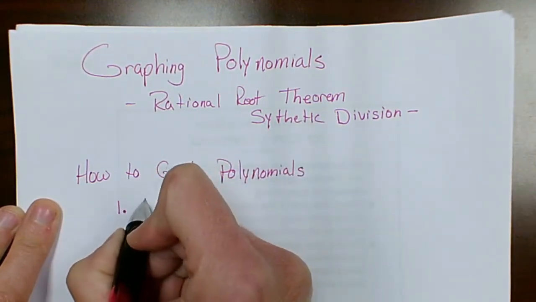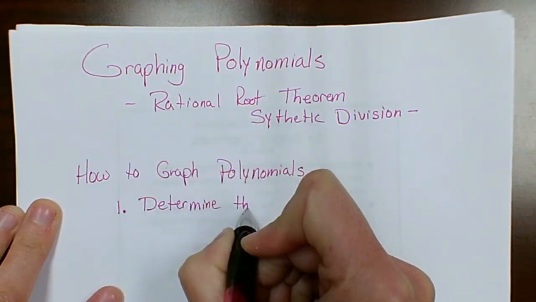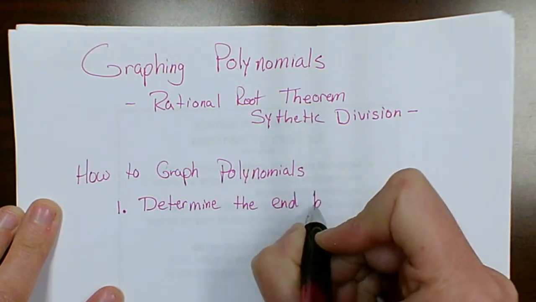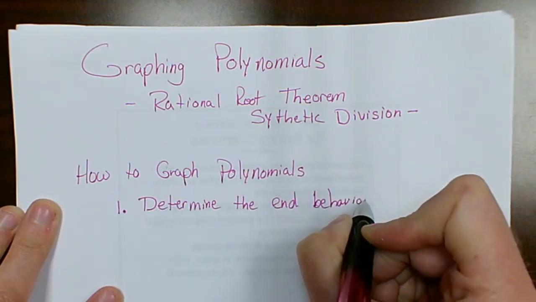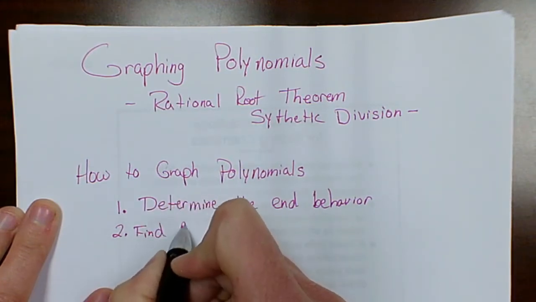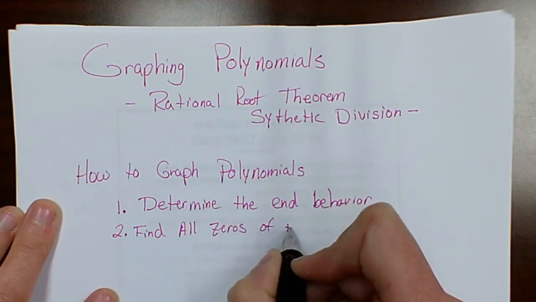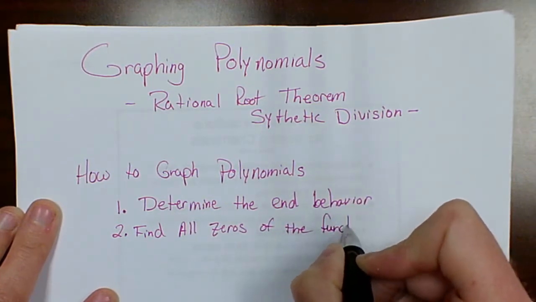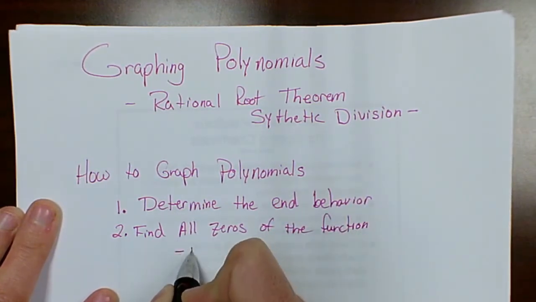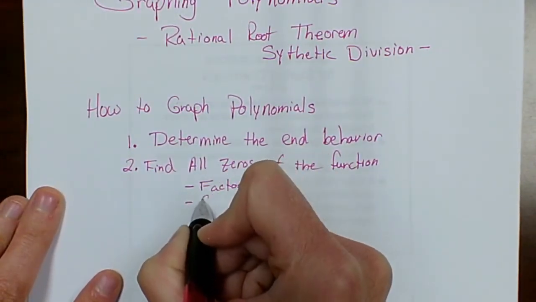So one, remember we determine the end behavior. Two, we find all zeros of the function. And to do that, you can try to factor or synthetic divide.